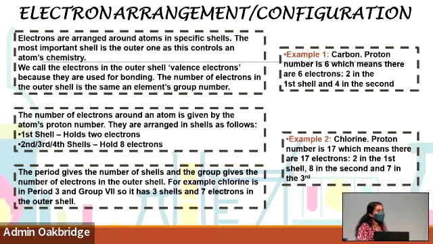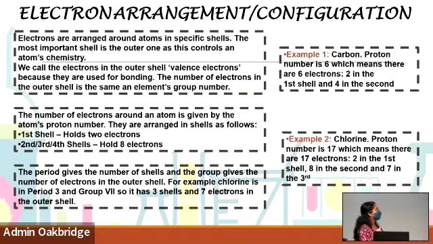Group 2 has only 2, so the valence shell must have 2 electrons. For group 18, do I have 18 valence electrons in the valence shell? No. I only look at the 2nd digit, so 18 means 8. There are supposed to be 8 valence electrons in my valence shell.